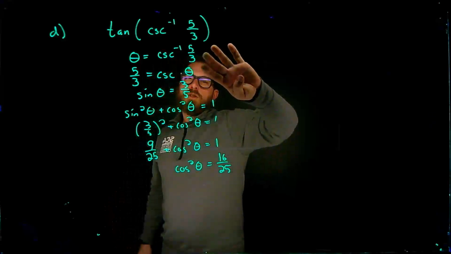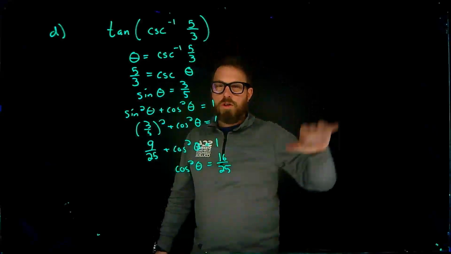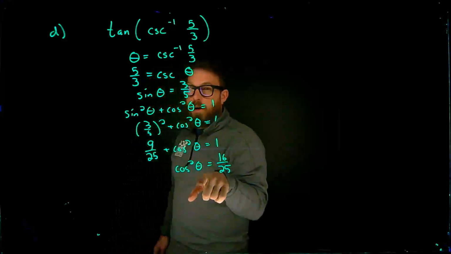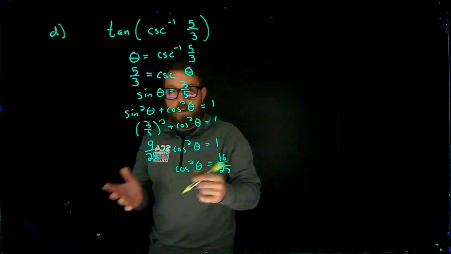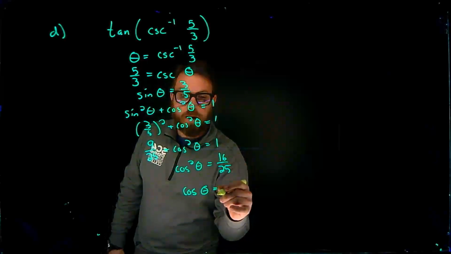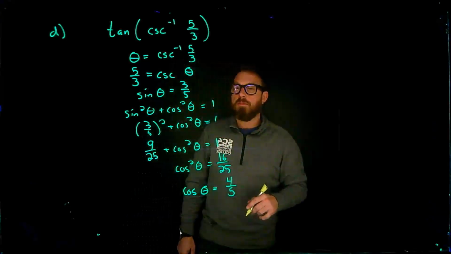The cosecant is the reciprocal of the sine, so they're going to have the same restrictions, which means we're going to be on the right side of the circle, which means all the cosines will be positive because cosines are the x-coordinates. So the cosine of theta is going to be, technically plus, the square root of this thing, which is 4 over 5.